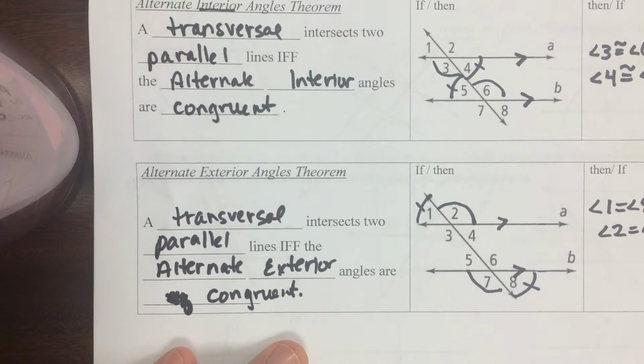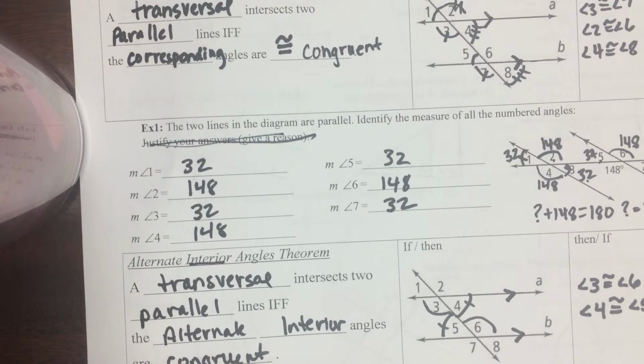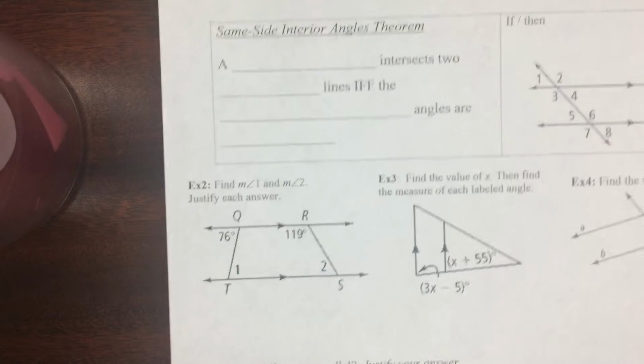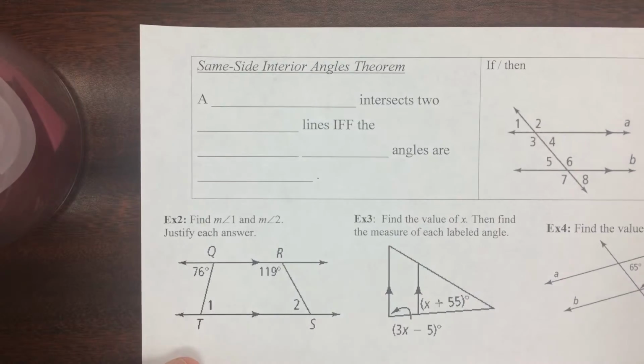All right, so this is everything from the first page of notes. Make sure you're all caught up before you continue on with the video. So here's the back of the first page. We still have same side interior angles.